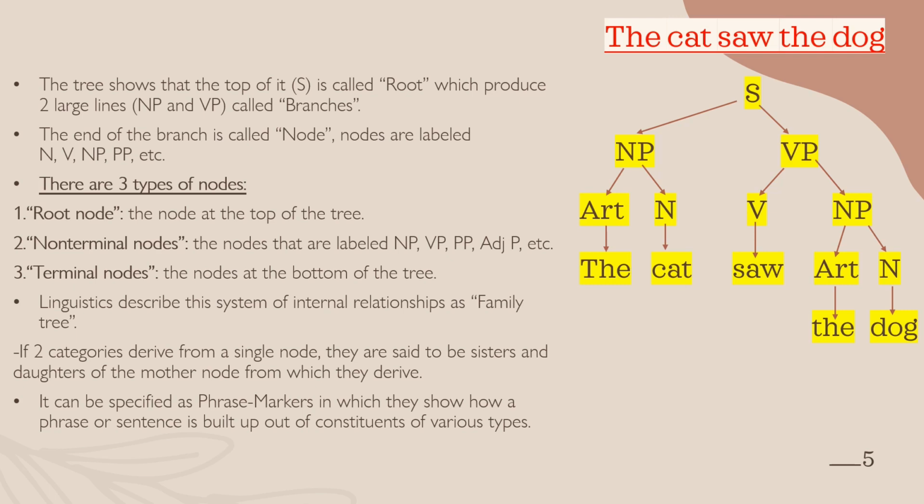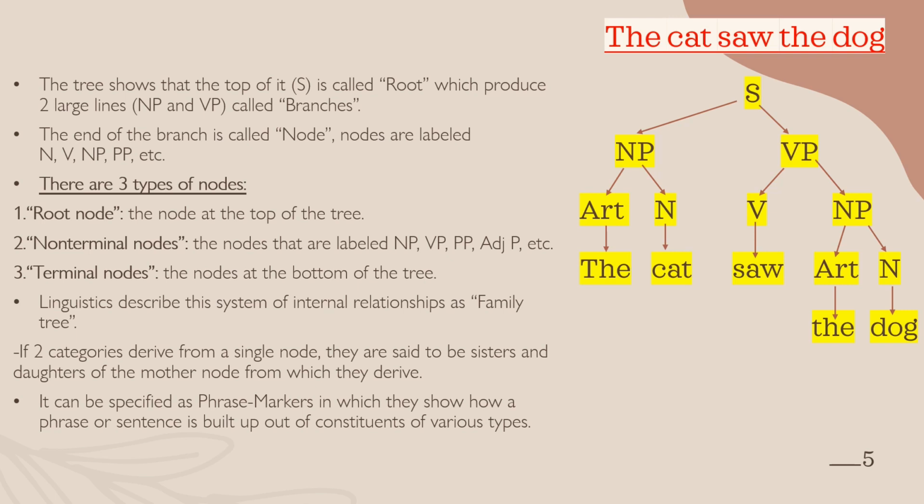This tree shows that the top of it, which is S, the sentence, is called the root, which produces two large lines, a noun phrase and a verb phrase, and they are called branches. The end of a branch is called a node. Nodes are labeled noun, verb, noun phrase, prepositional phrase, and so on.